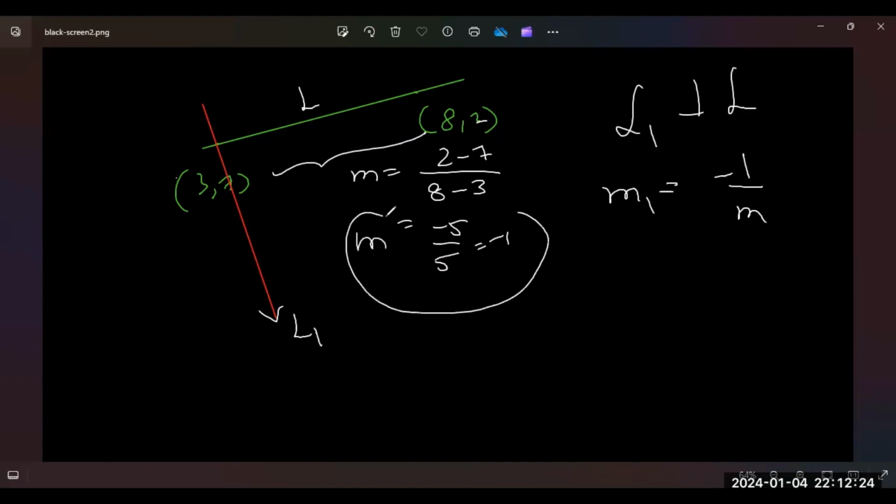So the slope is minus 1. So the slope of L1 will be minus 1 by minus 1, which will be 1.